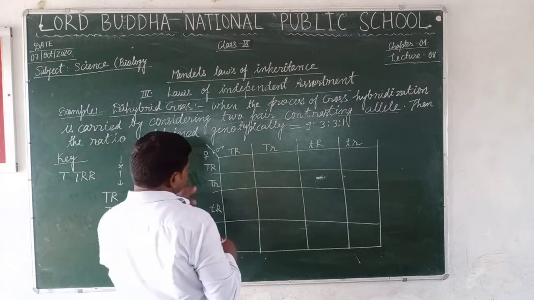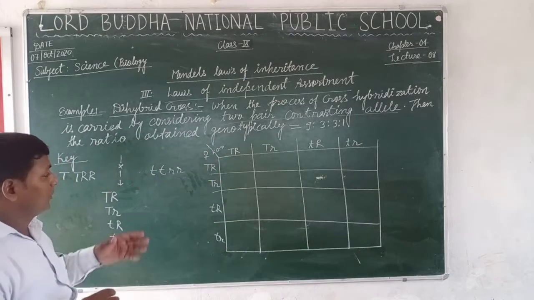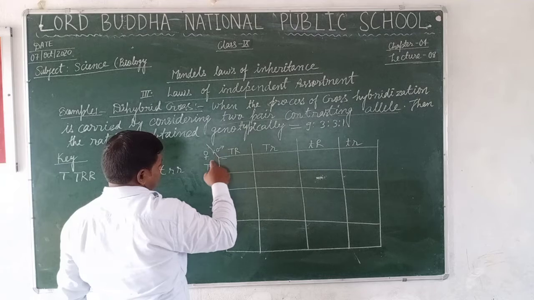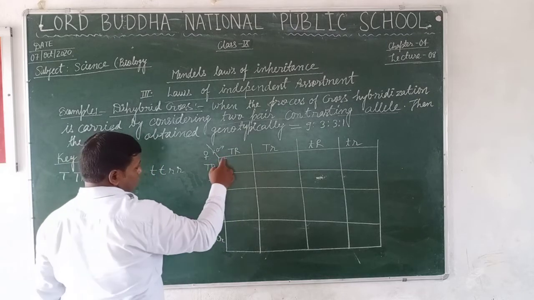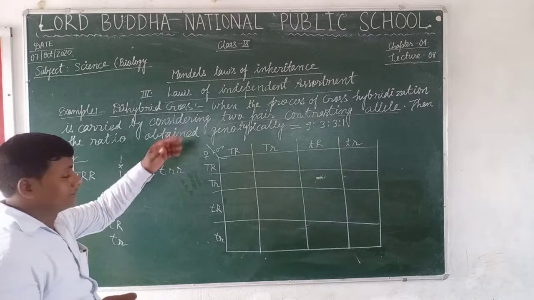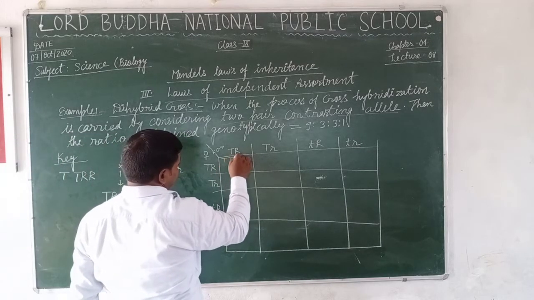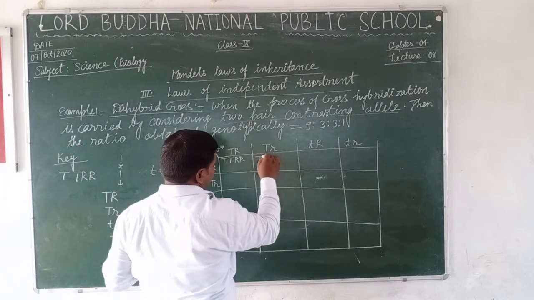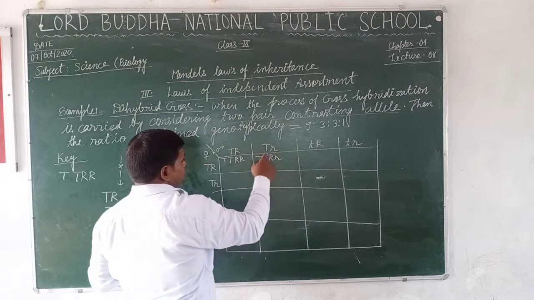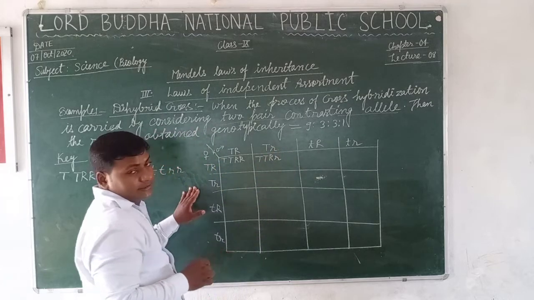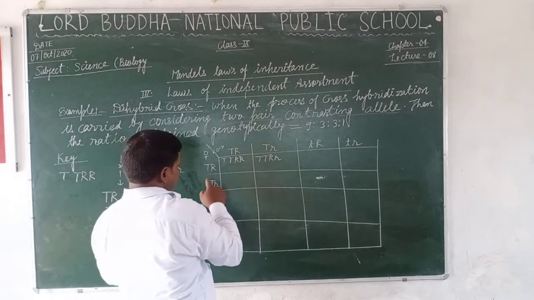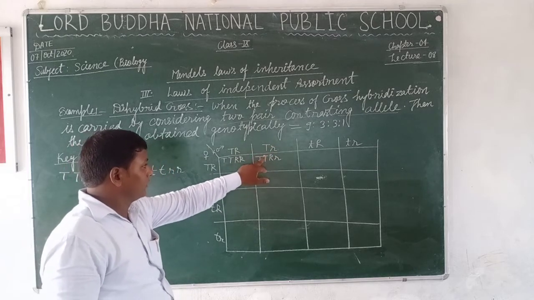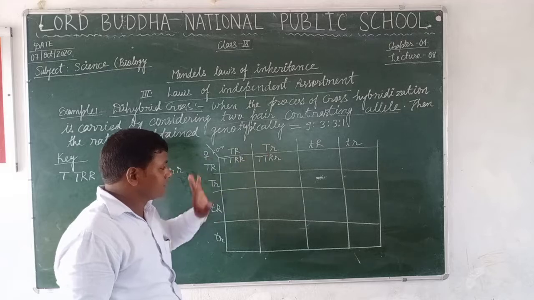This is calculated not mathematically, but biologically. When cross hybridization is made between these two pairs of contrasting alleles, the result is capital T capital T capital R capital R. The capital is written first, and the small letter after that. So when capital T capital R is crossed with capital T small r, the result is capital T capital T, capital R, and small r.